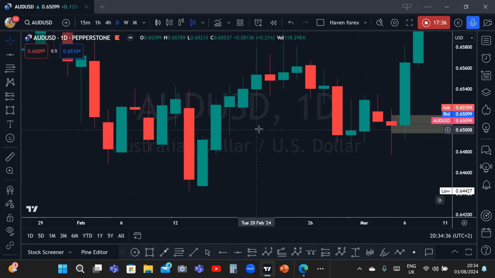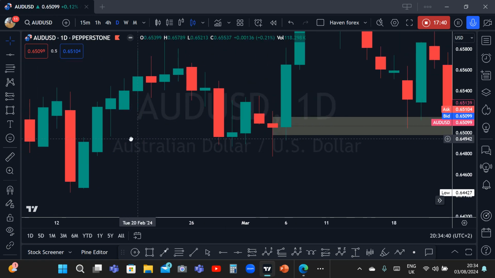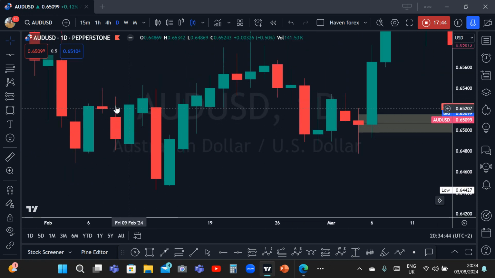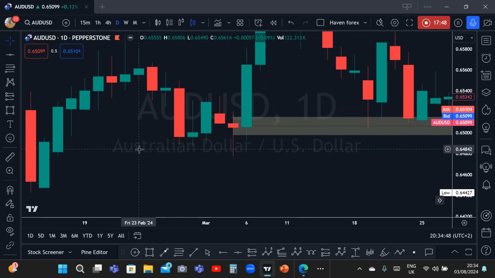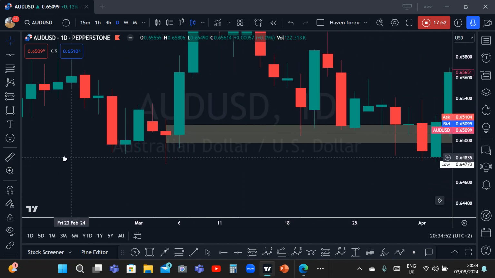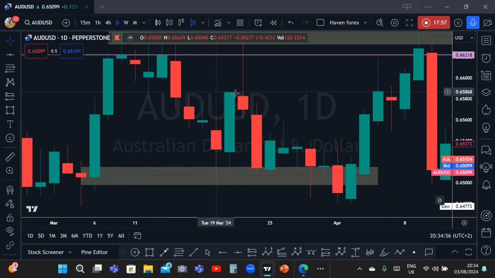What do you mean by tested a level? When it gets there, there's always a reaction. It must have tested it more than once. If it's just once, it's not valid. But if it is more than once, yes, it's a valid support or resistance level.